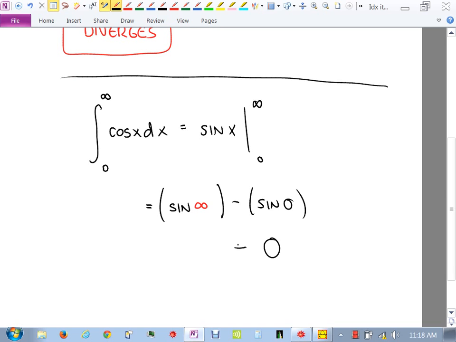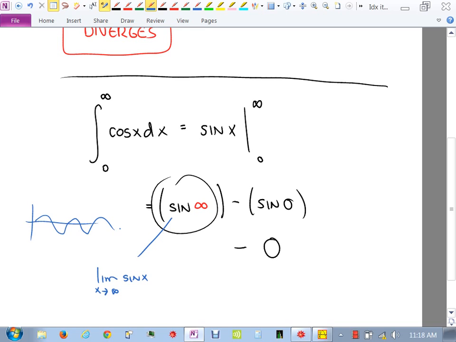Sine of infinity really means the limit as x goes to infinity of sine of x. Remember, I said last class, I'm really doing the limit as x goes to infinity of sine x. And that means you're looking back in Cal 1, what does the sine function do as you go to infinity?